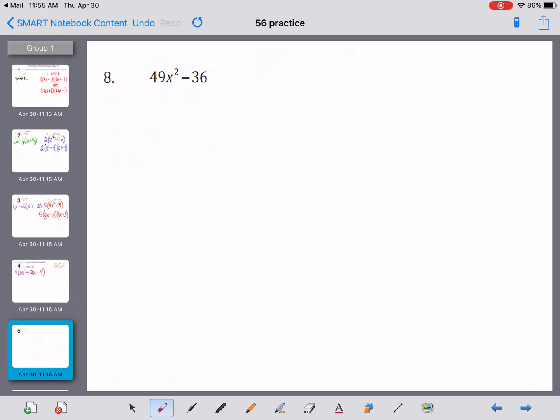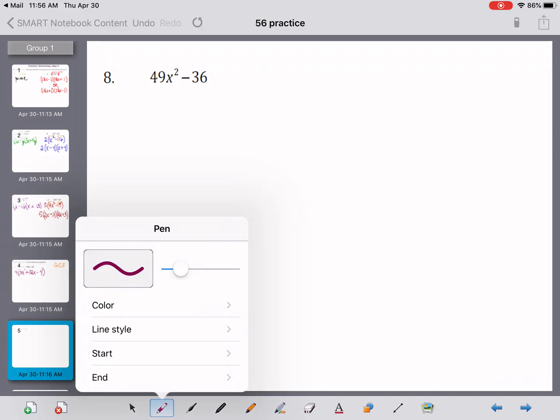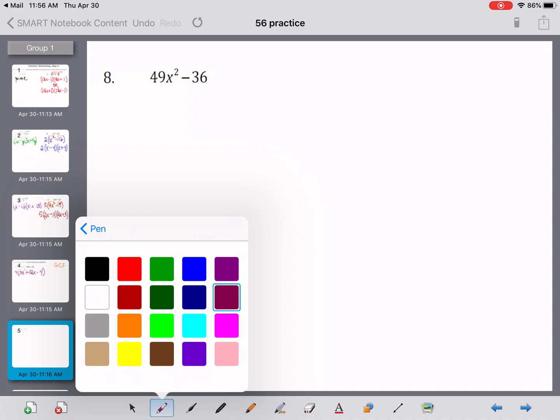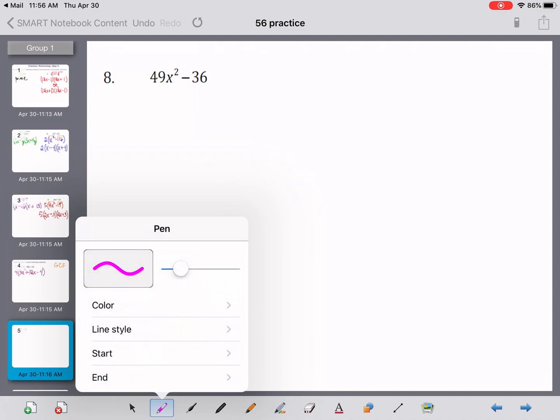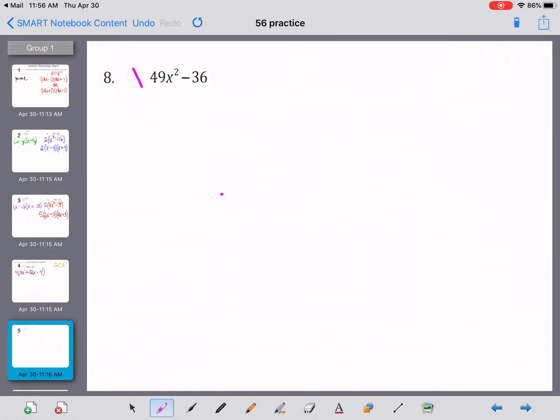When we look at number 8, we do have 2 terms. We do have a minus. So then the question becomes, is it the difference between two squares? And as I take a look, the question is, can we take the square root of 49x squared? Can we take the square root of 36? Because they are subtracted.